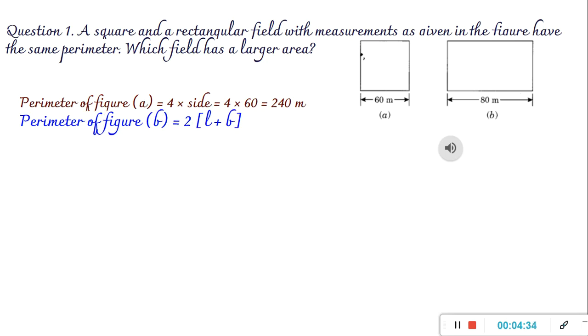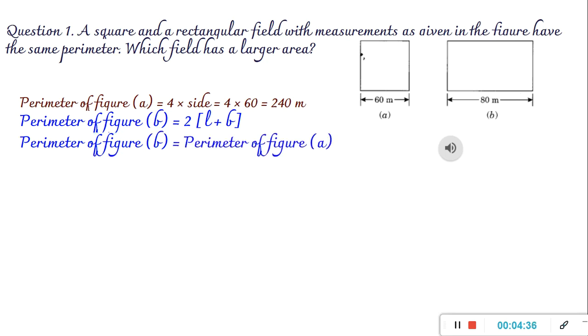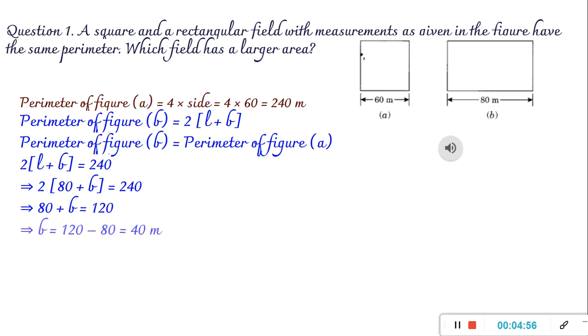Here we know that perimeter of figure B is equal to perimeter of figure A. So we can put it like this: 2 into length plus breadth is equal to 240. Here length is already given, breadth we have to find. So 2 into 80 plus B is equal to 240. Now we can shift 2 to the right side, 240 divided by 2 is 120. So 80 plus B is equal to 120. Shifting 80 to the right side, B is equal to 120 minus 80, which is 40 meter.